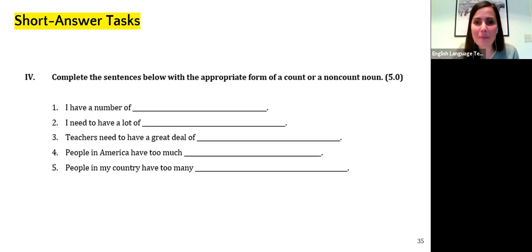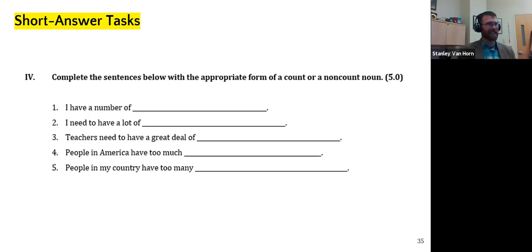Right. Karen, you unmuted yourself, and Stan. Hey, Tani, could I say sometimes when I introduce this to fairly new language learners, they sometimes need to be liberated to actually be able to create meaning there. So I would often get things like people in America have too much people, or people in my country.